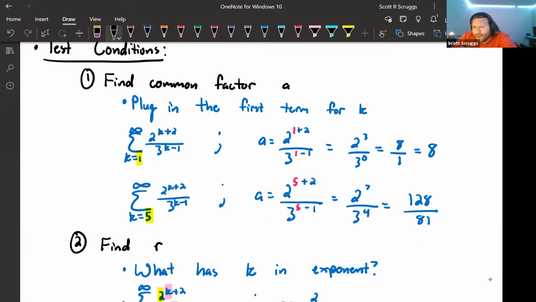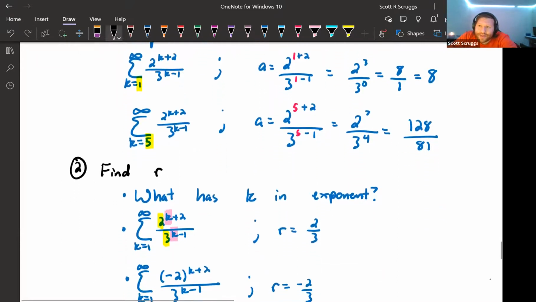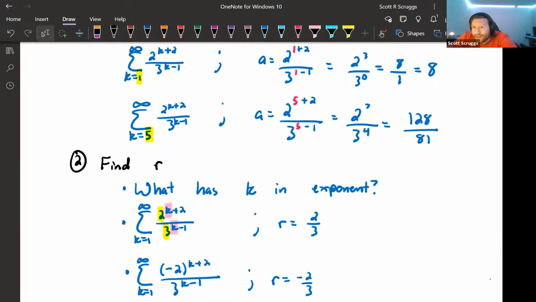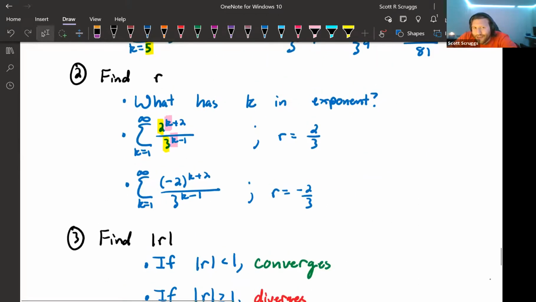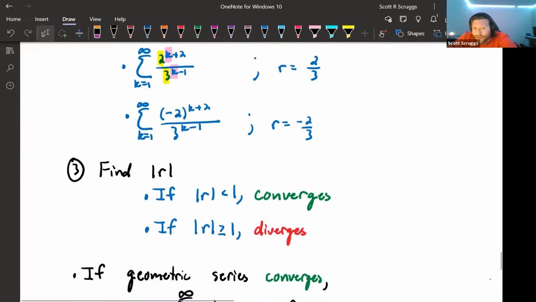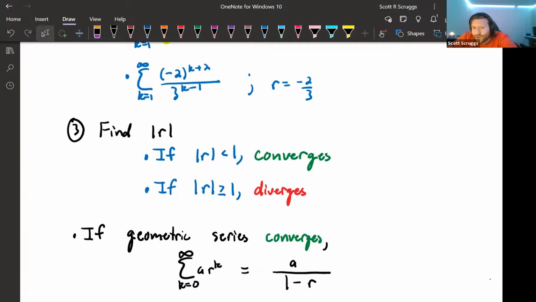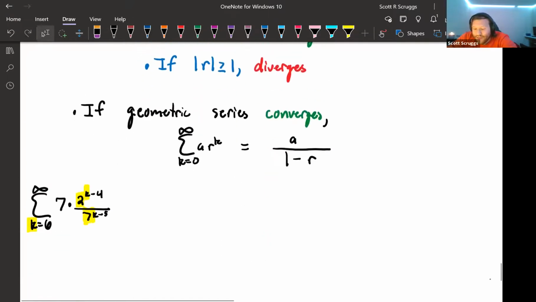I talked about them because these are necessary conditions that I need to show and explicitly state for me to use the geometric series test. So when you work this out, figure out what the common factor is, then figure out what the common ratio is, check for the convergence or divergence, and if you get convergence, tell me what the actual value will be.